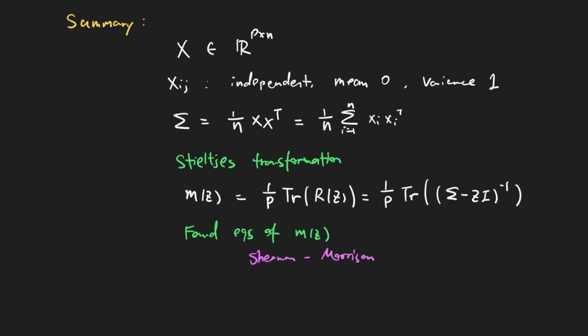We use that to handle the resolvent, because it has the inverse. And then after we solved for m of z, we can convert that back to the density function using the inversion formula for the Stieltjes transformation. So that's the entire derivation we had for this video.